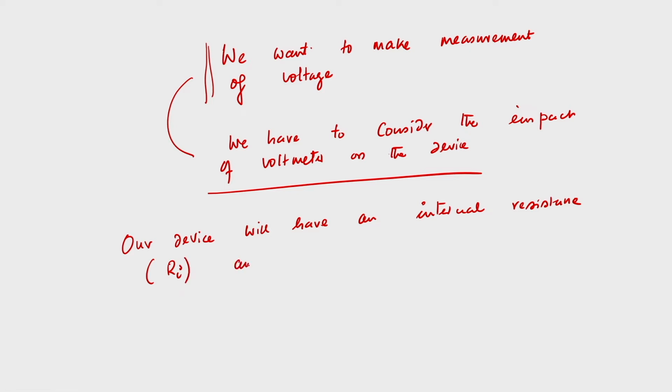And the voltmeter, since we need to know the drop in voltage across that device, will have an input resistance.